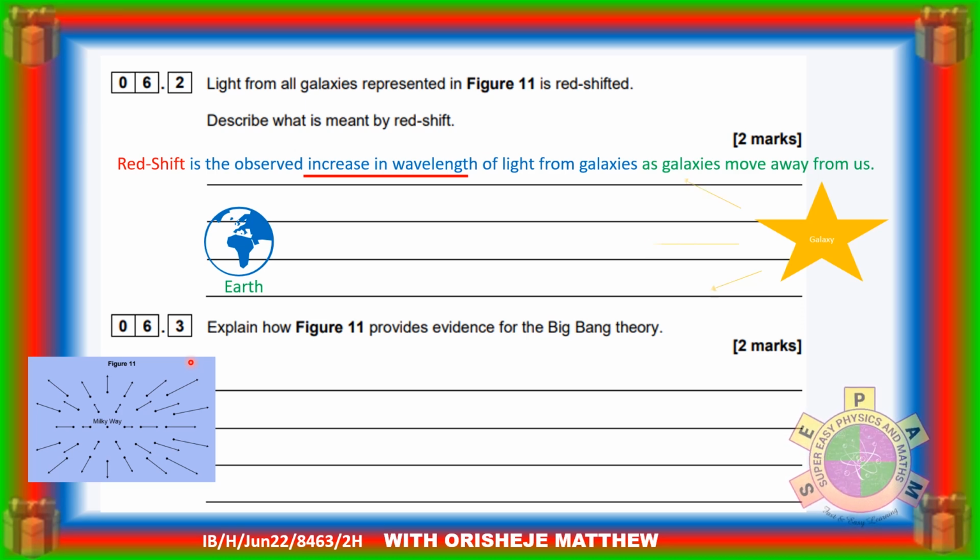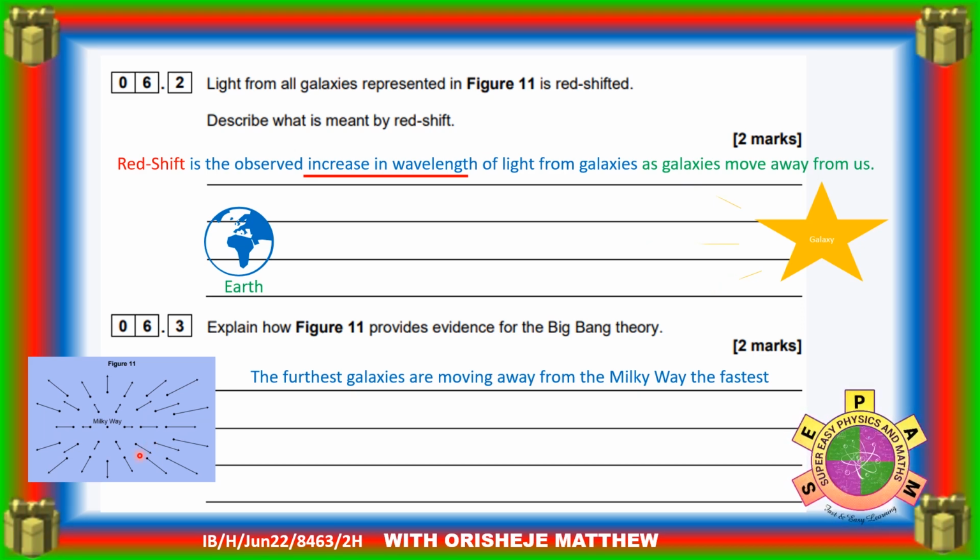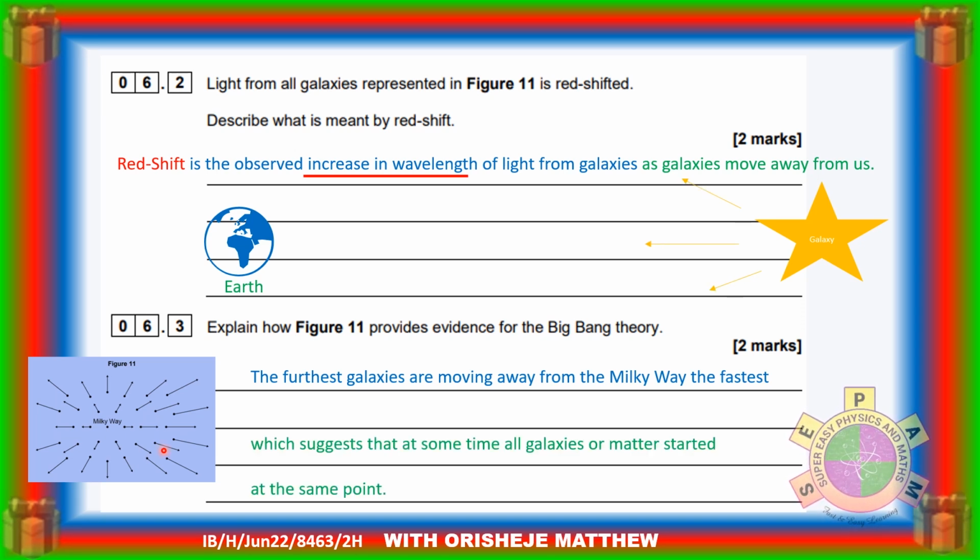So we suggest that at the same point in time, you see all of them are spreading from one point, which is the Milky Way at the center, meaning that all the galaxies started at one point in time. So that is what you're trying to say, the Big Bang. There's an explosion, and then the particles are flying away from where the explosion took place.